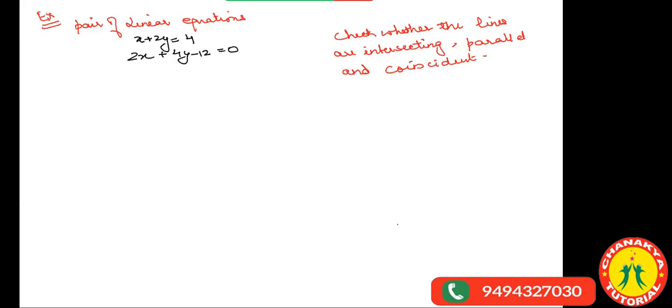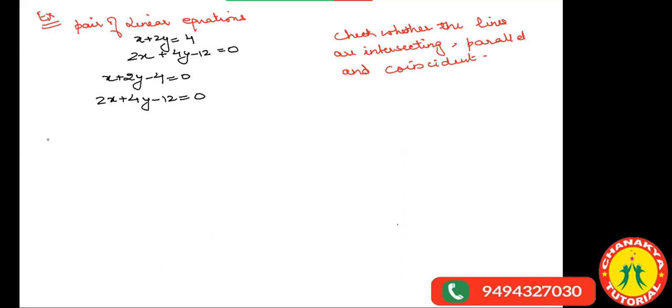Sudhamshu, tell me the standard form of equation number 1. X plus 2y minus 4 is equal to 0. And the second is already in standard form: 2x plus 4y minus 12 is equal to 0.